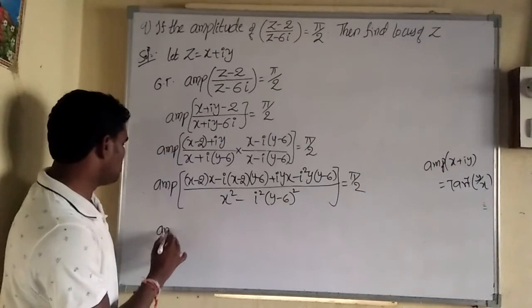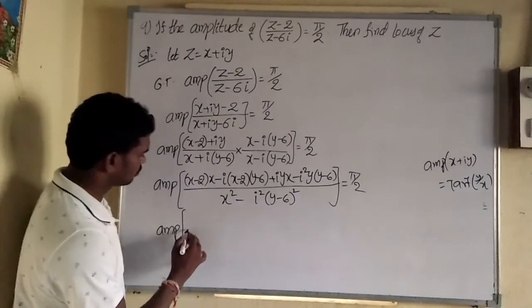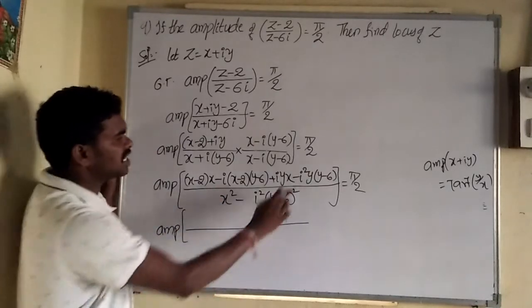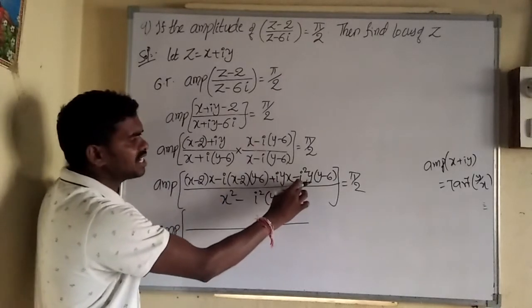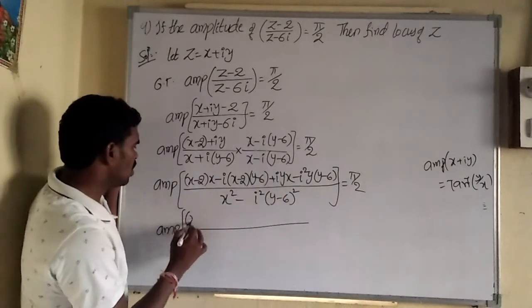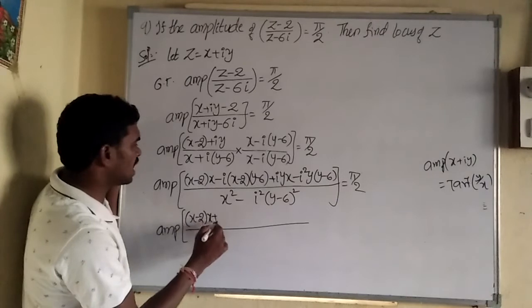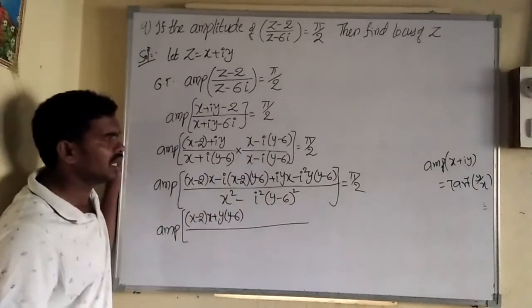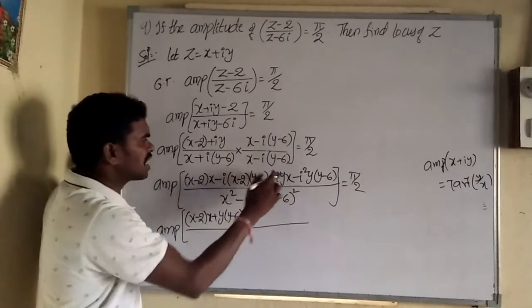So the amplitude of: write the real parts. See here, minus i squared. Actually the value of i squared is minus 1, and minus 1 into minus becomes plus. So (x minus 2) into x plus y into (y minus 6). Then from the remaining terms, take out i common.